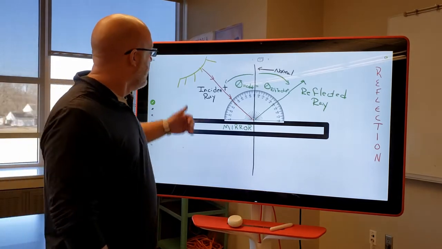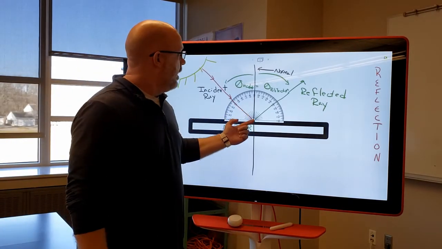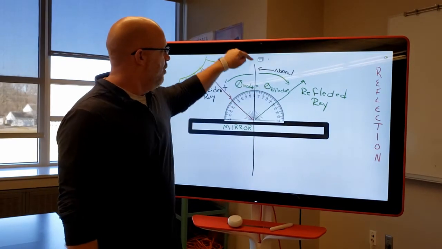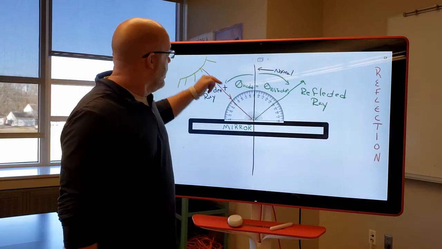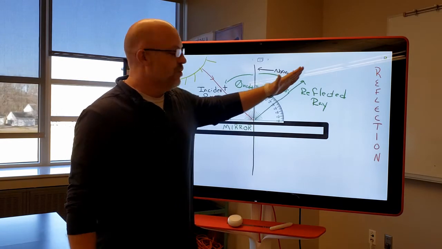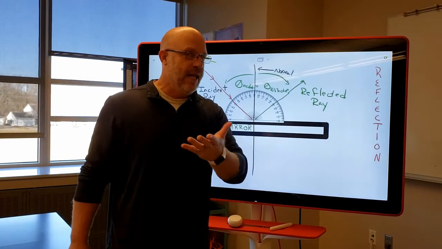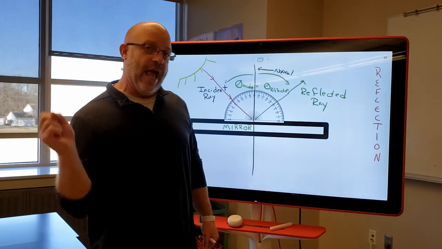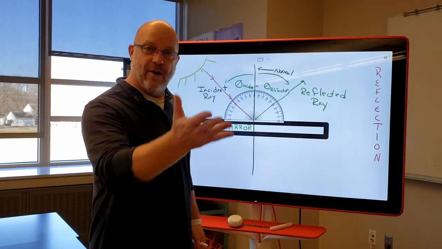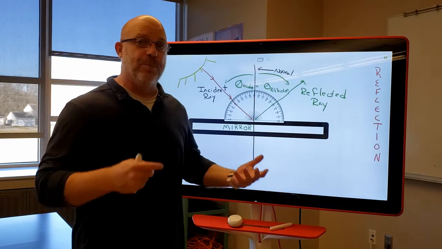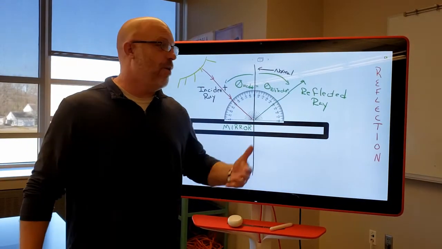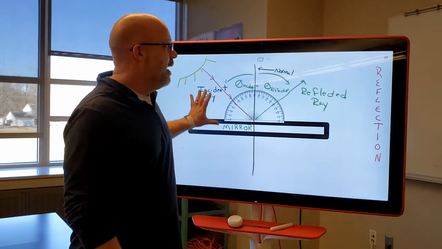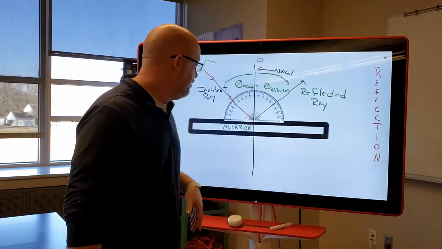Quick review. Incident ray comes in, it goes out at the exact same angle. We measure that angle from the normal, so the angle going in equals the angle coming out. Anything that's a reflection works this way, guys. Even bouncing a ball off the floor, the angle that you throw it onto the floor is the angle it comes off the floor. Shooting pool, throwing a ball, basketball, basically anything that bounces is a reflection. It follows the law of reflection.